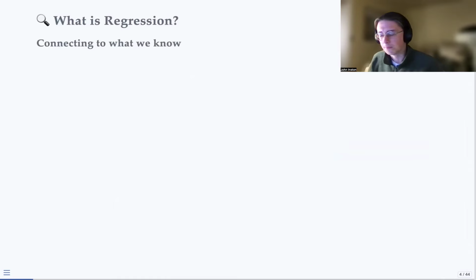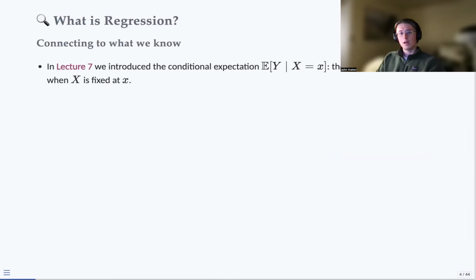We've discussed already in lecture 7, when we covered probability, what conditional expectation is: our understanding of what we expect the response y to be given some predictor inputs. So x is the information that we have, and we're trying to use that information to predict y.